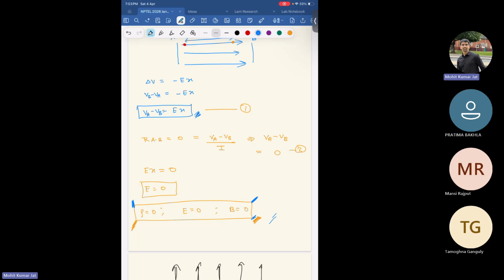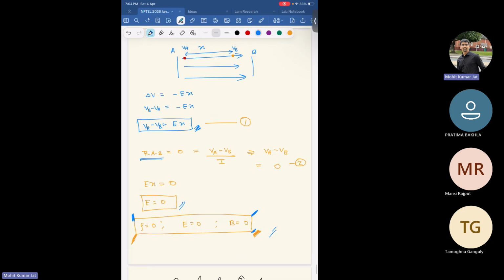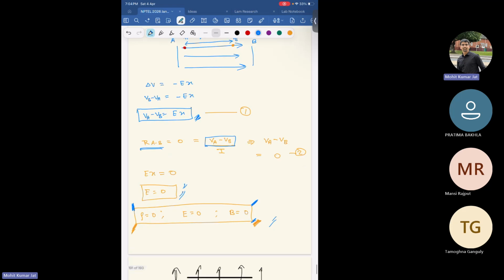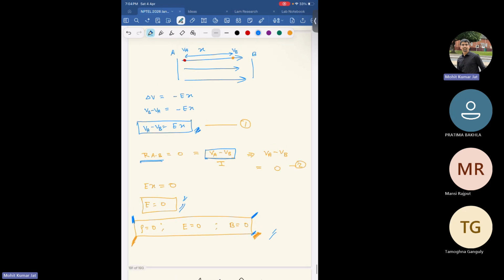Your resistance is 0, and electric field is 0, which we derive because we know the resistance is 0. Using Ohm's law, V is equal to IR, that gives me VA minus VB equal to 0, and that is EX equals 0, so electric field is equal to 0. If this is clear, let me know, then only we'll move on to the next question. If you have any doubt or question, please do ask.